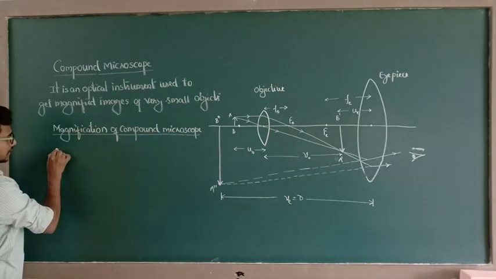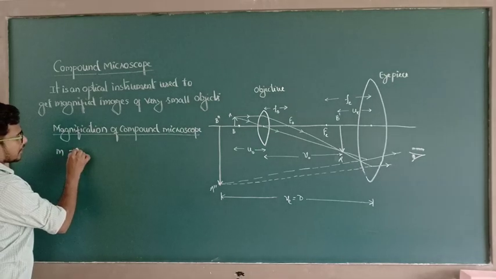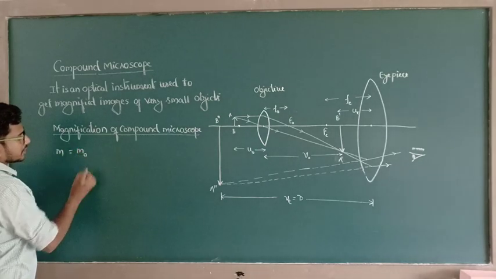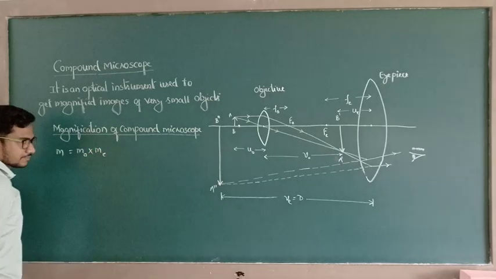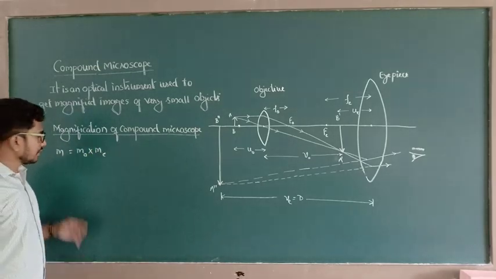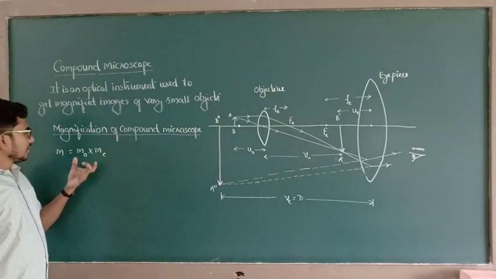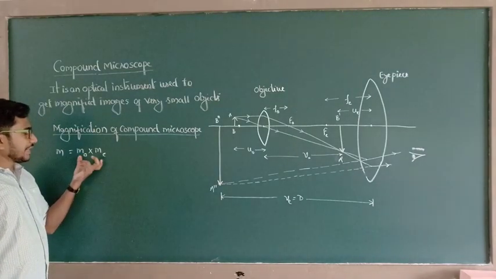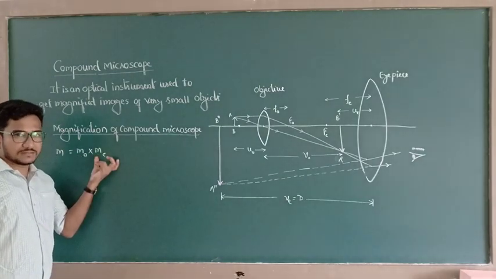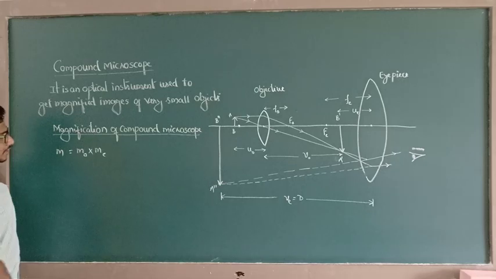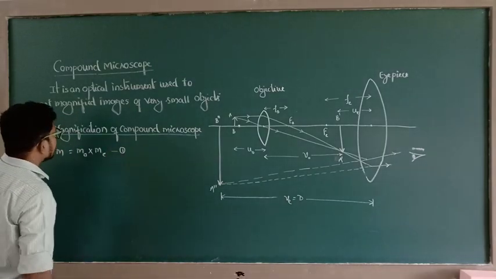So here M is nothing but the magnification of the combination. It is given by the magnification of the objective into the magnification of the eyepiece. Let us name this equation as equation number 1 for your understanding purpose.